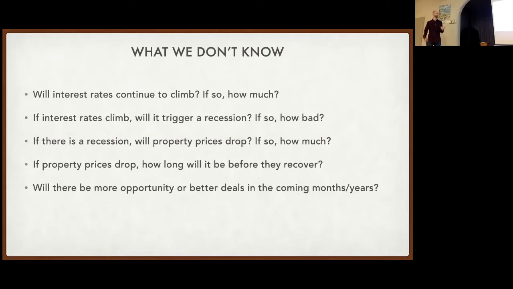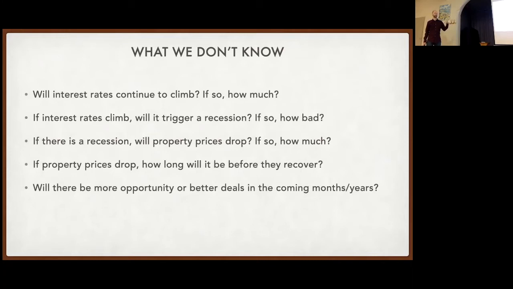If we saw interest rates like we did in the early 80s climb into the teens, we're going to see a complete meltdown of the real estate market and foreclosures everywhere. The bank doesn't want that. The economy doesn't want that. Most people are leveraged far heavier than they were in the 70s and 80s.